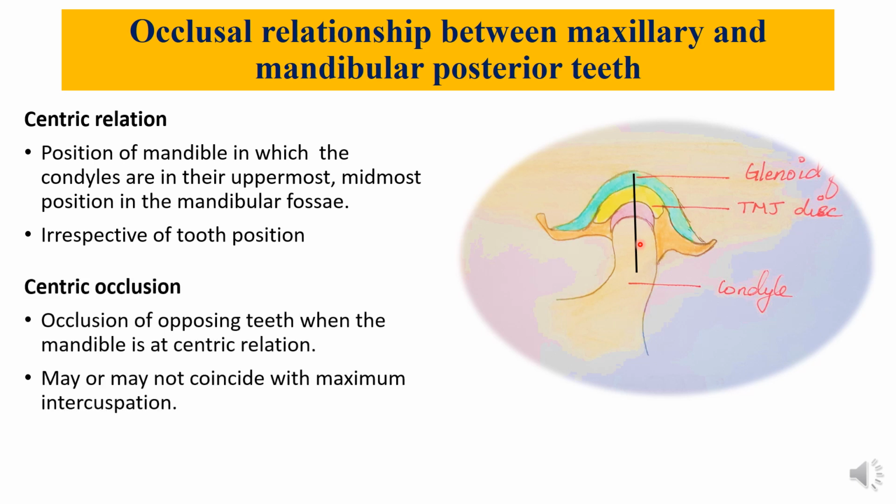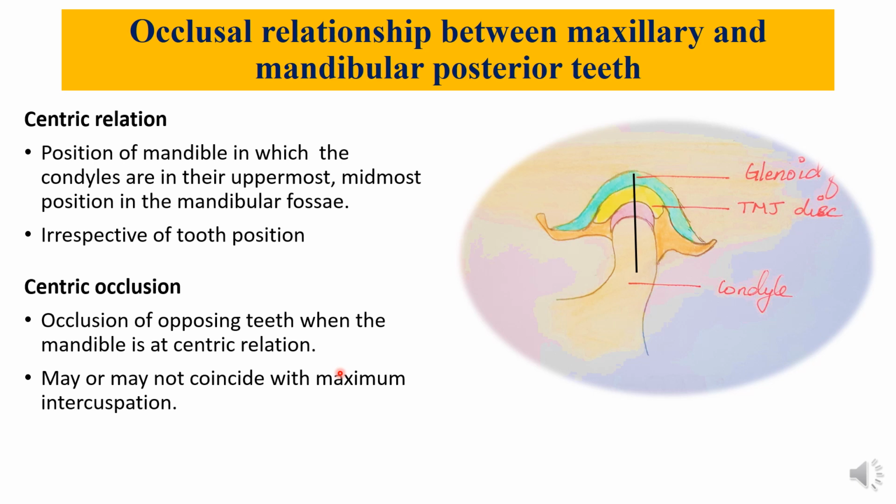Now, what do you mean by centric occlusion? Centric occlusion means that without disturbing the mandible at centric relation, we occlude the teeth. So, occlusion of opposing teeth when the mandible is at centric relation is called centric occlusion. Now, this may or may not coincide with maximum intercuspation. We are just biting, not very hard, but slowly clenching our teeth.